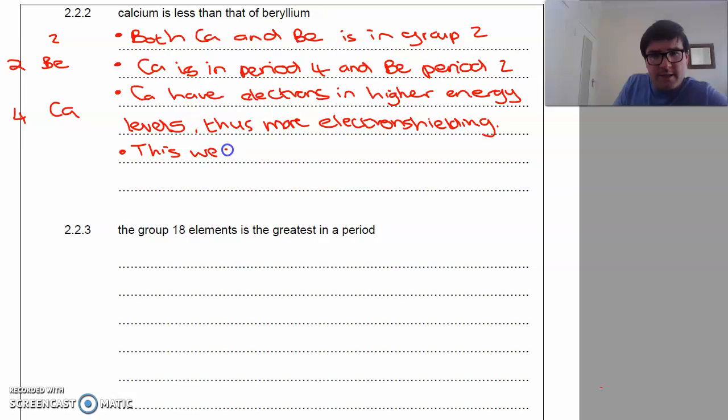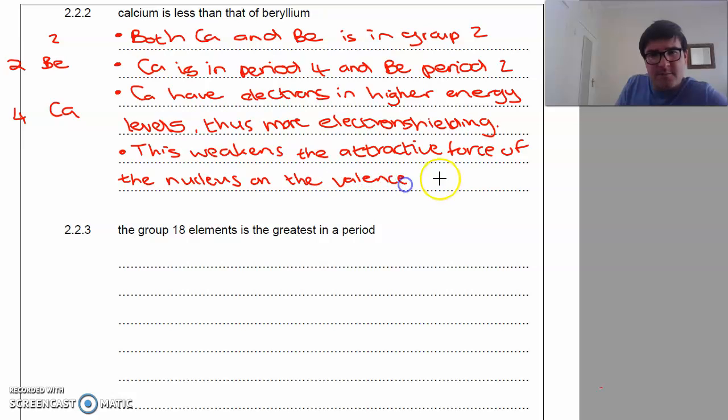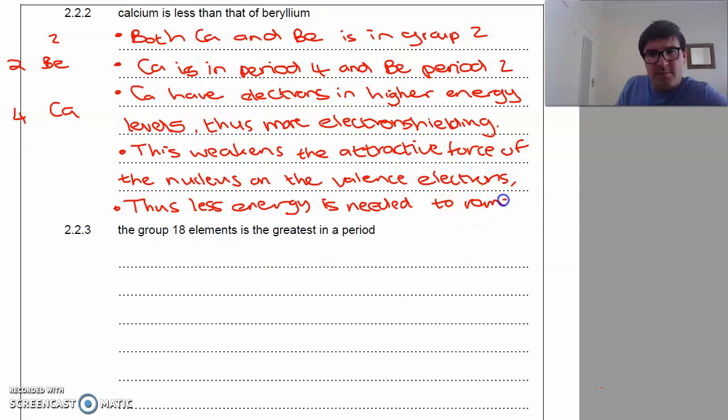This weakens the attractive force of the nucleus on the valence electrons, thus less energy is needed to remove an electron from calcium.